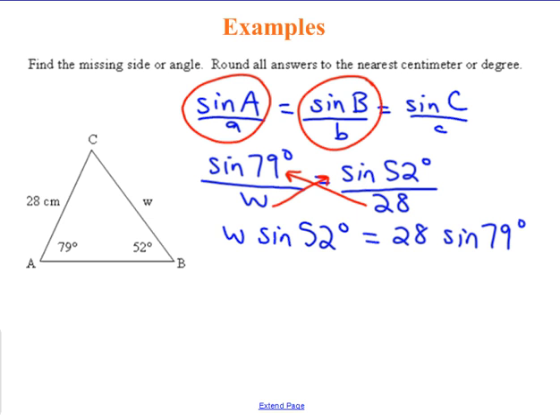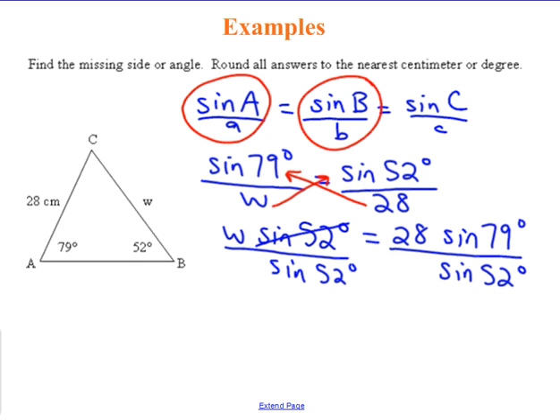To solve for W, we need to get W by itself, so we can divide both sides by the sine of 52 degrees. These cancel out, leaving you with W equals, and I'm going to throw all of that into my calculator. So W comes out to be 35, in this case, centimeters.